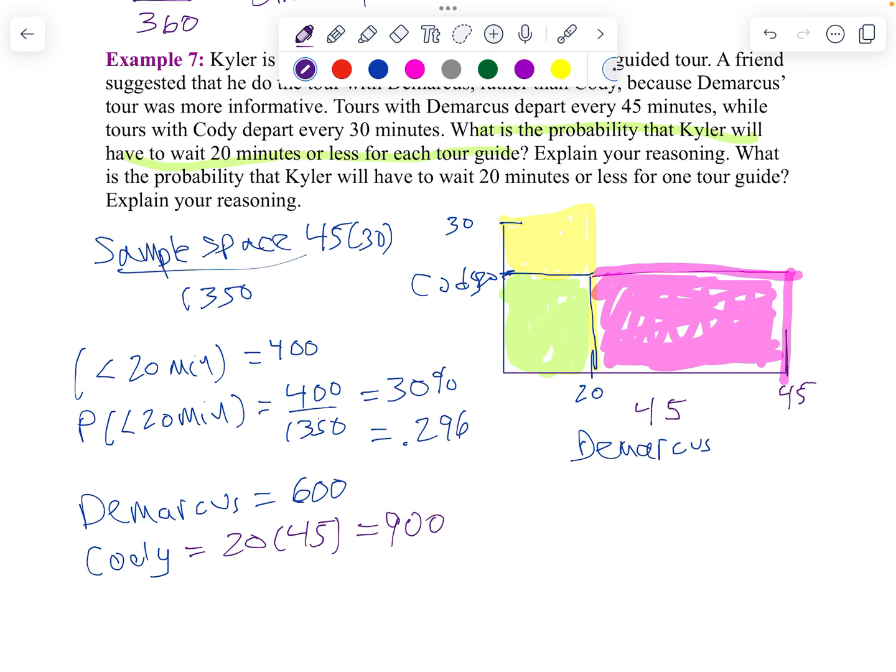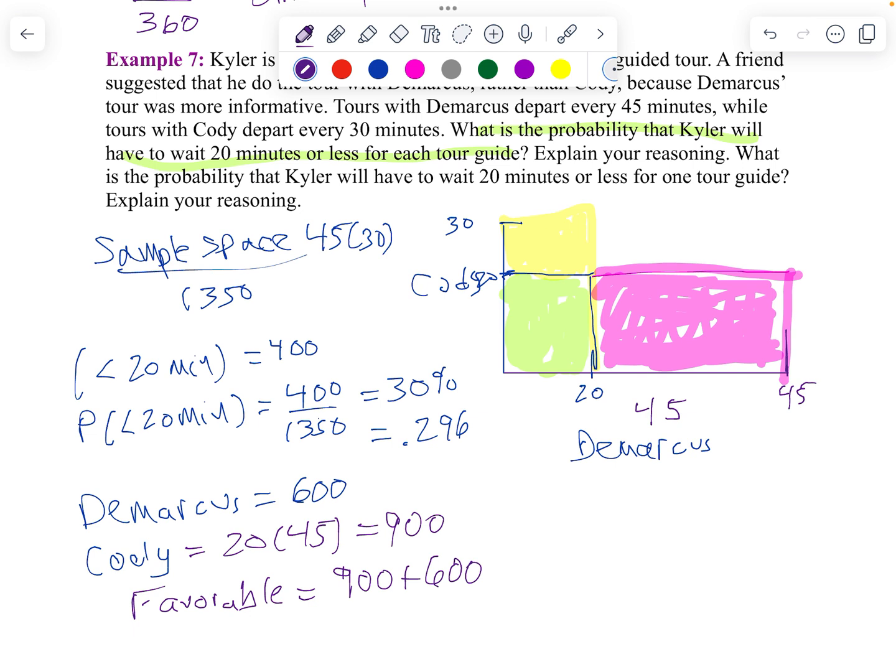But notice I've double counted that green rectangle, haven't I? So I shouldn't count that twice. I should only count it once, because I counted it for DeMarcus and for Cody. So what I'm going to do is subtract off the 400. So my favorable outcome is going to be the area of my pink rectangle, which I said is 900, plus the area of my yellow rectangle, which is 600.